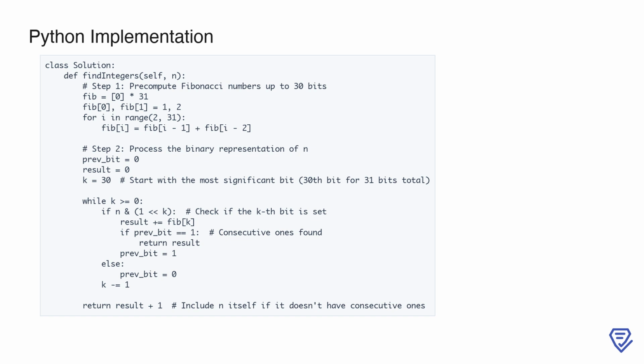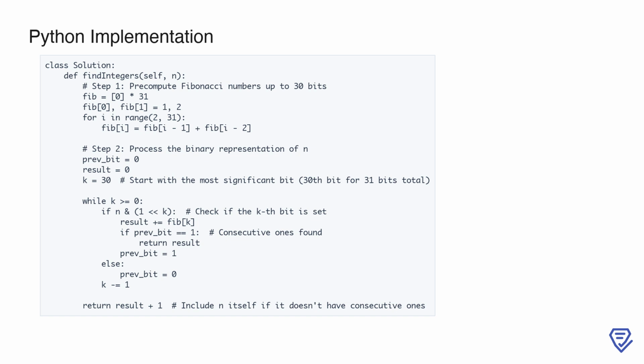2. Binary representation processing. The algorithm then iterates over the binary representation of n from the most significant bit down to the least significant bit. This is done using a loop where k starts at 30 and decrements to 0. 3. Bit checking. For each bit position k, the code checks if that bit is set in n using the bitwise AND operation, n and 1 shifted left by k.